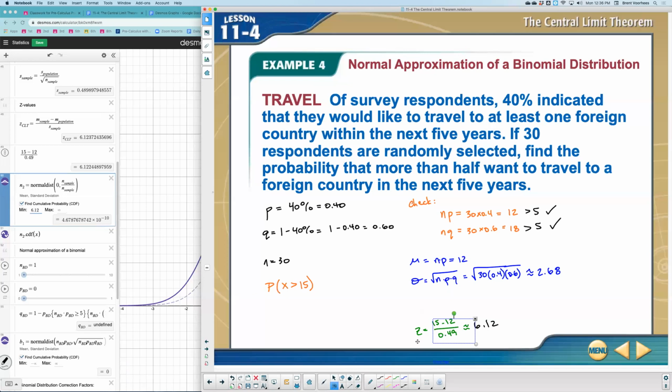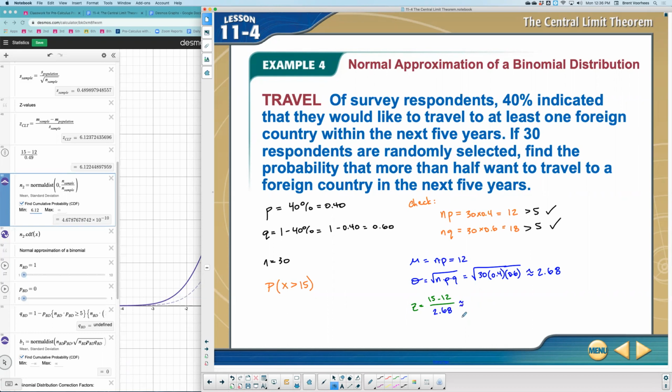So what am I going to change now? Let me see if I can delete it where I want to. Perfect. Let me get that out of there. What I'm now going to say is when we find our z-value for a normal approximation of a binomial, we'll just leave the normal sigma down here, which we had as 2.68. And this is what we're going to solve for.